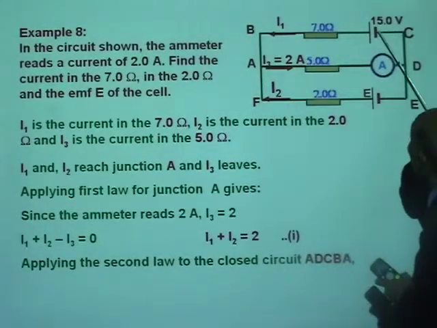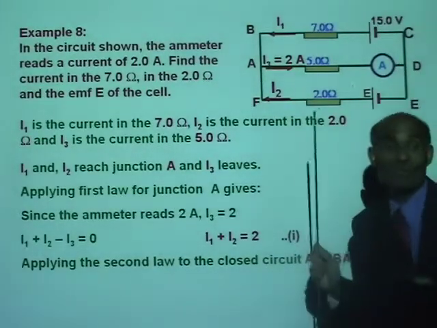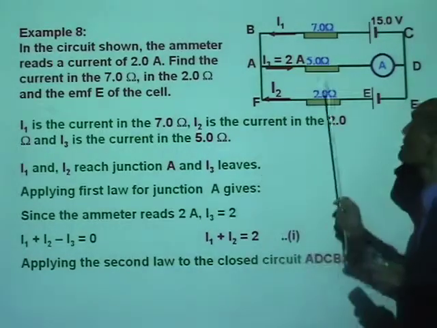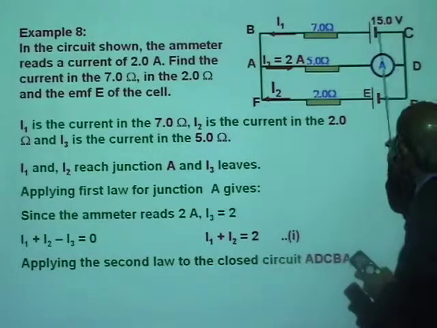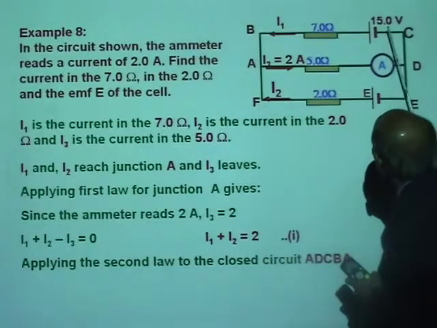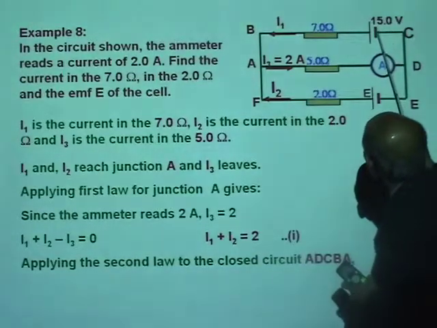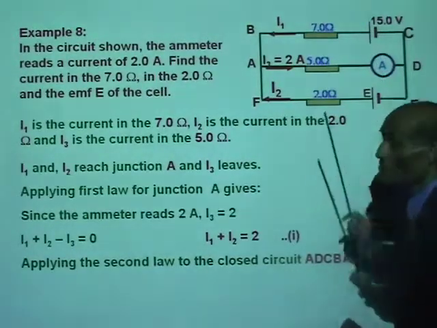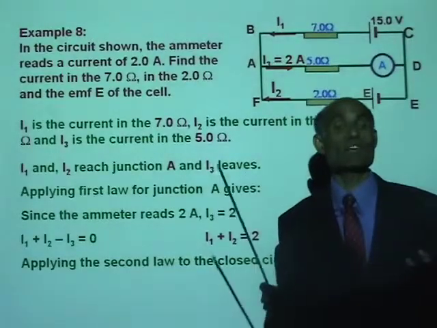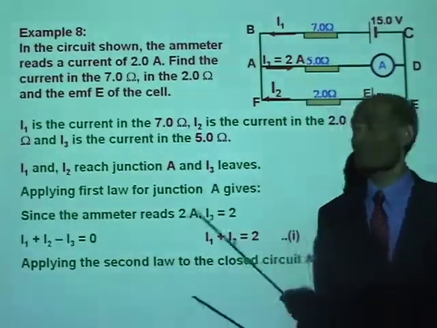And the potential drop across the cell then will be negative because the loop ADCBA is traced out that goes inside the cell. The loop goes from negative to positive. So the potential drop across the cell in that case will be negative.